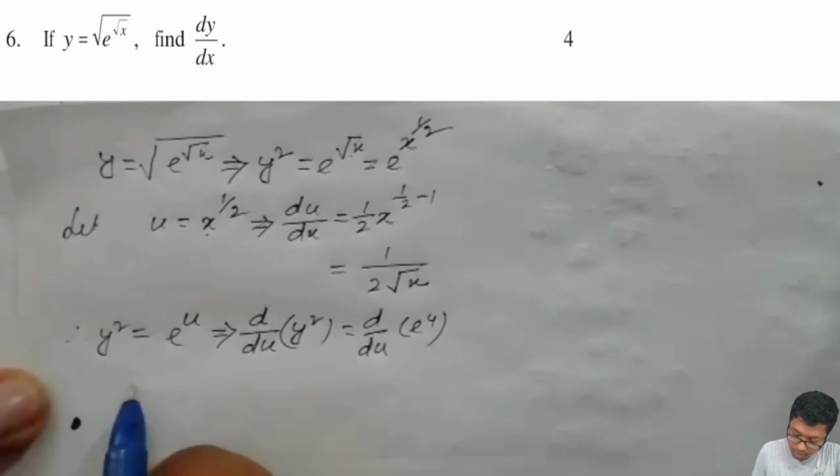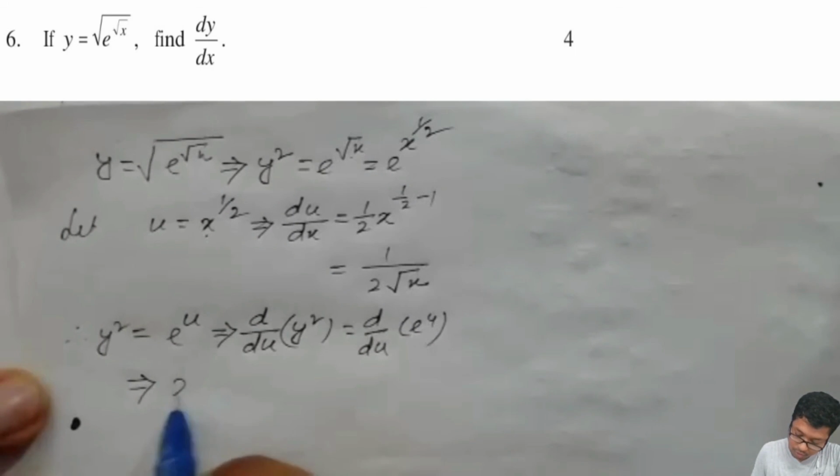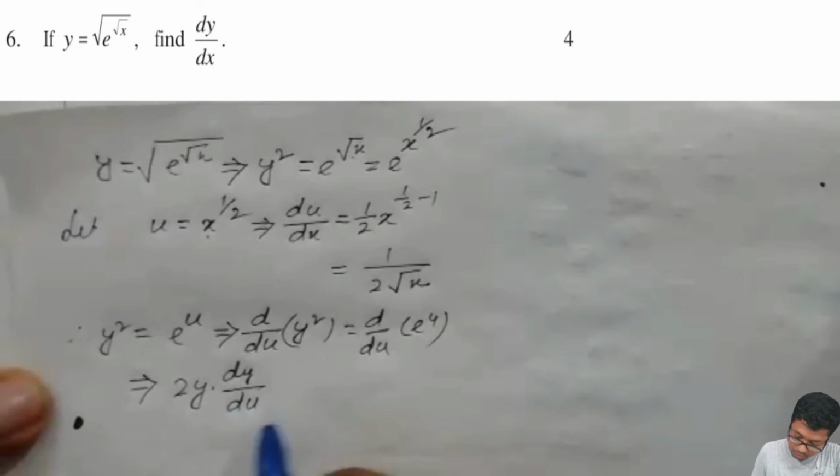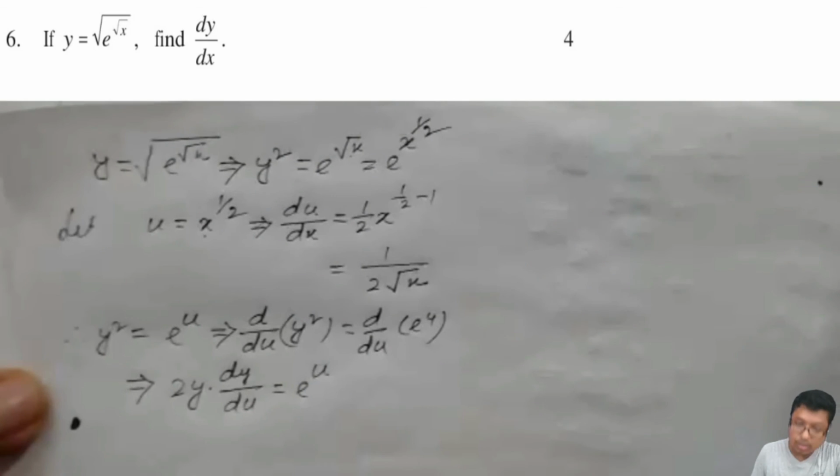So from here we can write 2y dy/du is equal to e to the power u.